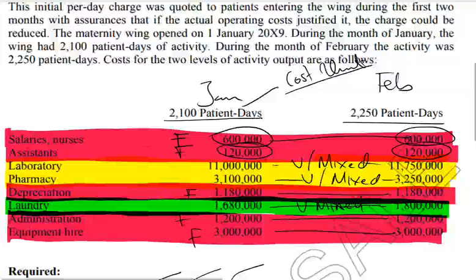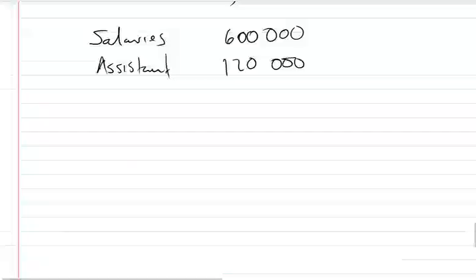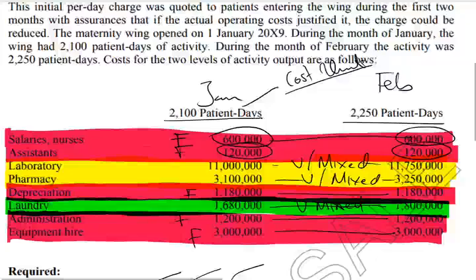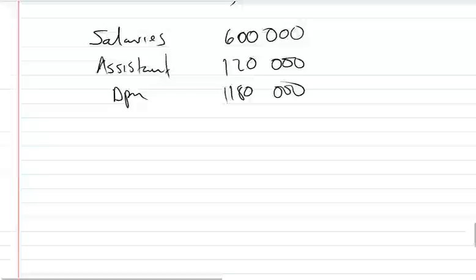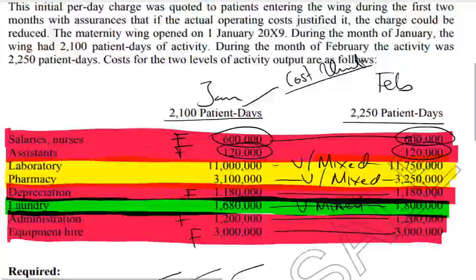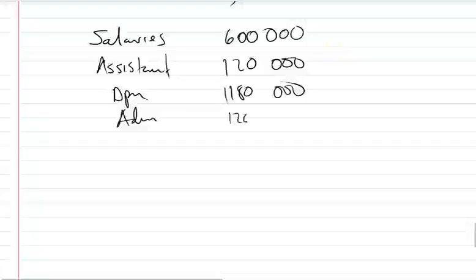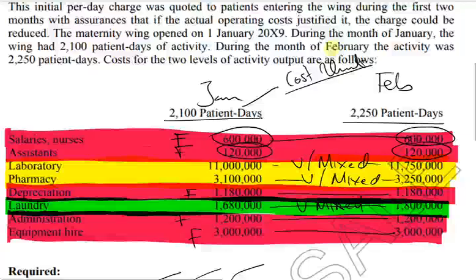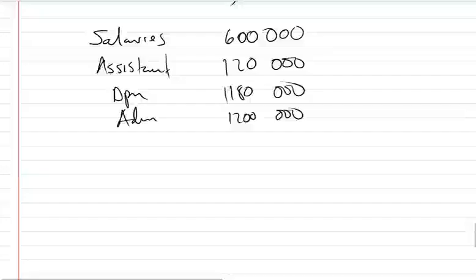You have depreciation, you have admin, 1.2, and you have equipment hire, 3 million.